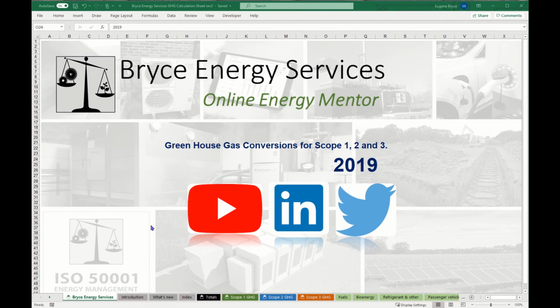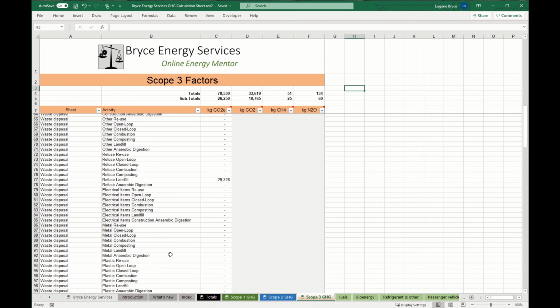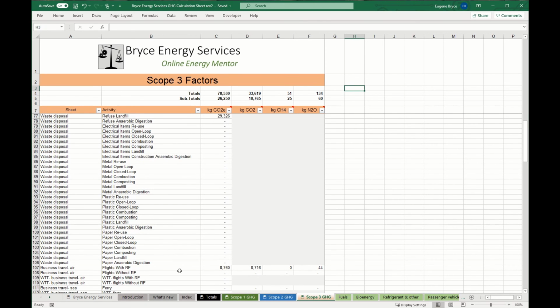So in order to look at the individual totals now, for scope 3, we have landfill and our business flights.